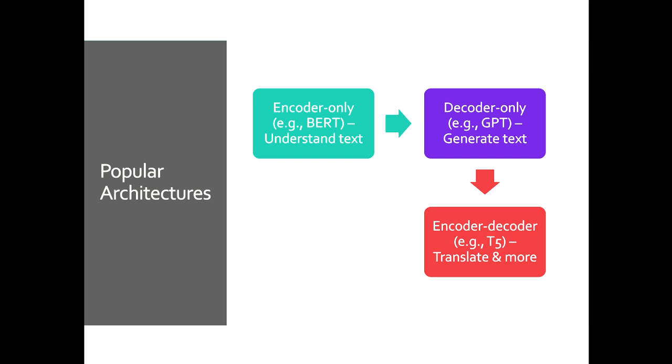The second, decoder only, like GPT, which is good at generating text. And the third, encoder-decoder models like T5. These do both operations, reading the input and generating output. For example, read the input text, translate it, and give you the translated output.